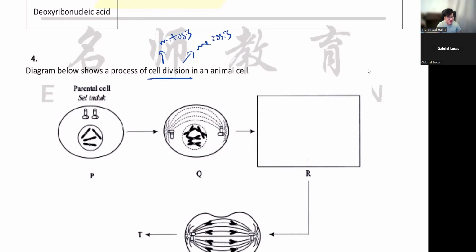So your mitosis. What is mitosis? Mitosis is to photostat a cell, right? Okay, Gabriel, I know what you mean. Here's the thing. Don't put too high hopes on mitosis and meiosis because originally this was a revised syllabus. A few years ago, the original syllabus did not include mitosis and meiosis.